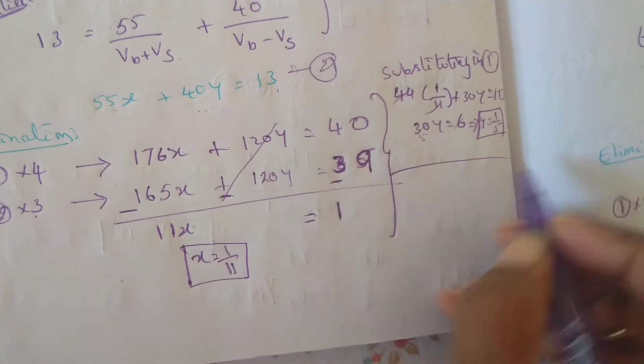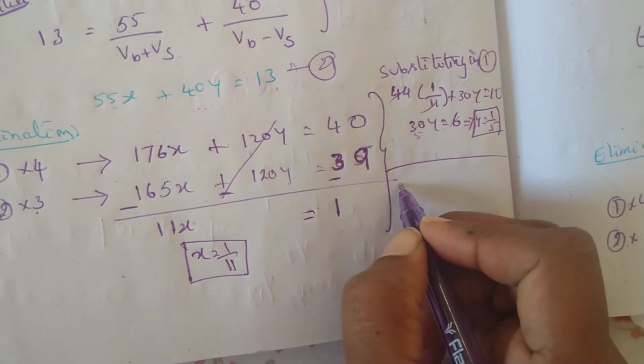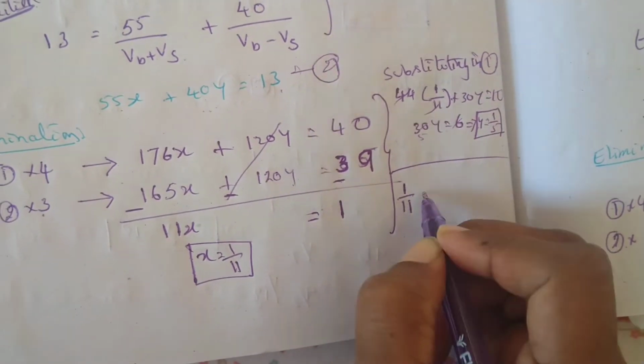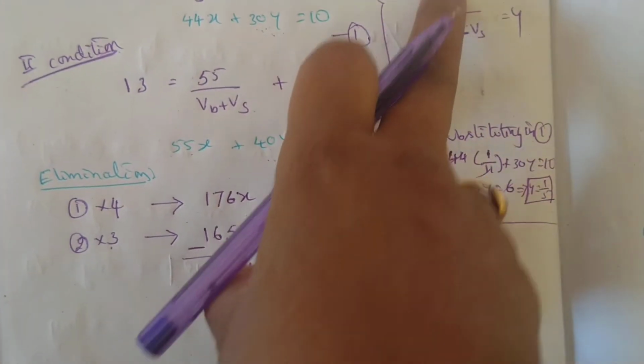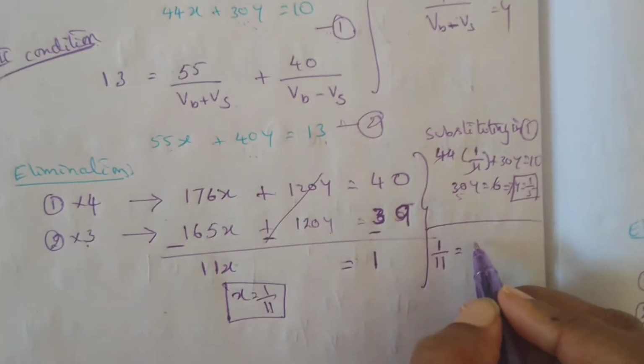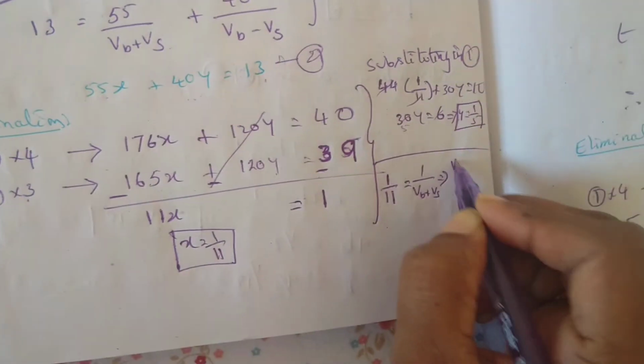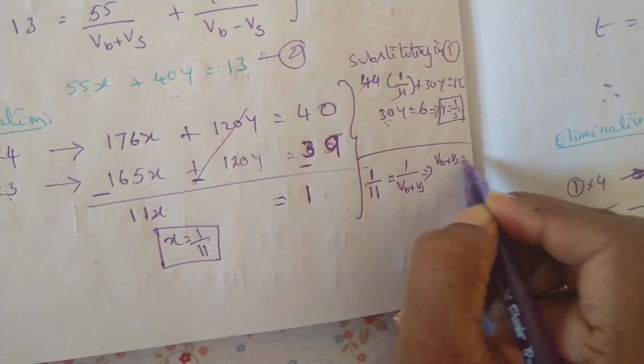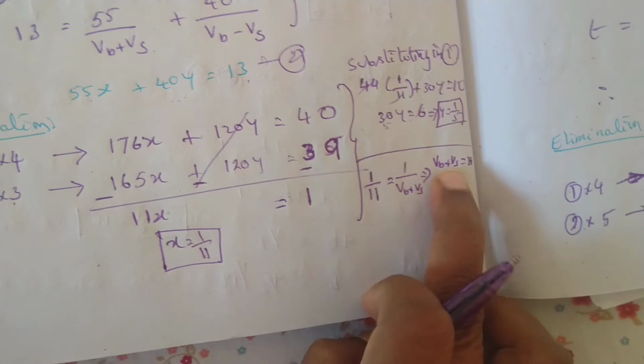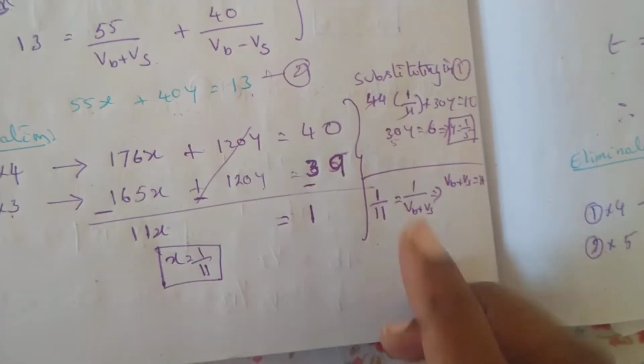Right. So, now here x is equal to 1 by 11. What is x? You have taken x to be 1 by VB plus VS. So that is 1 by VB plus VS, which implies VB plus VS is equal to 11.